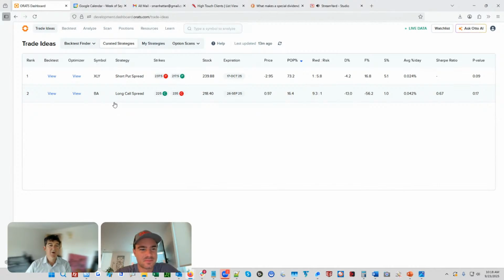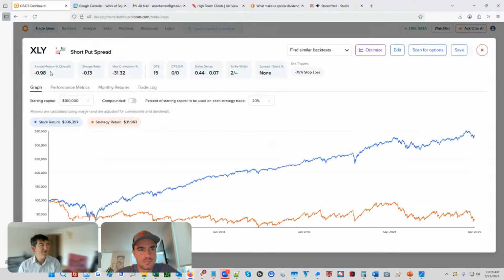Sure. So the curated strategies are strategies that we've gone through and tried to find the best ones that we want to put out there, right? The way that we put a curated strategy together is we find a good backtest to start out with, but then we go to the optimizer. So you start with the backtest finder, and we say, okay, this is a decent strategy.